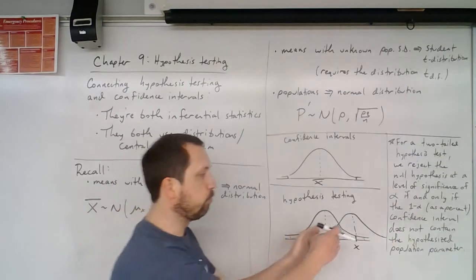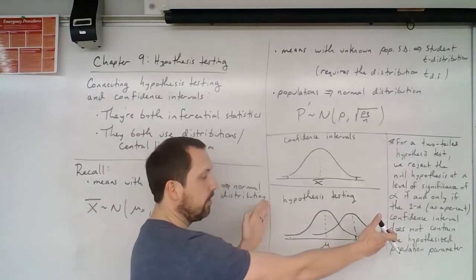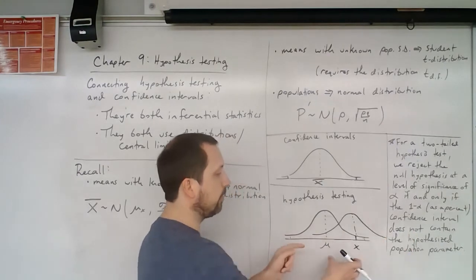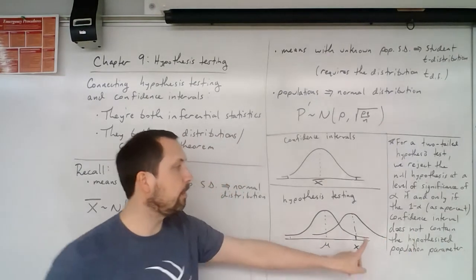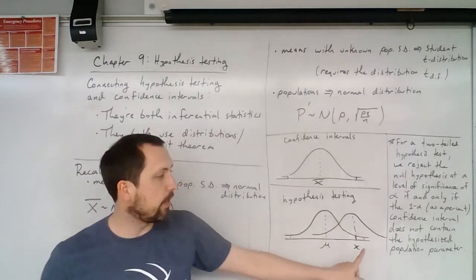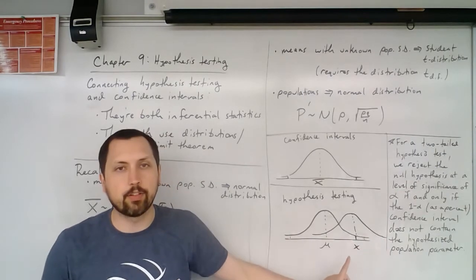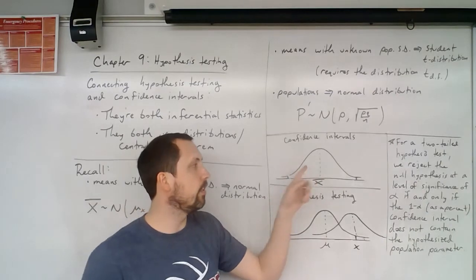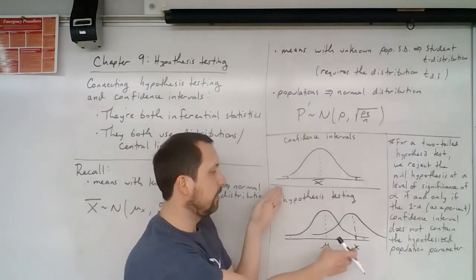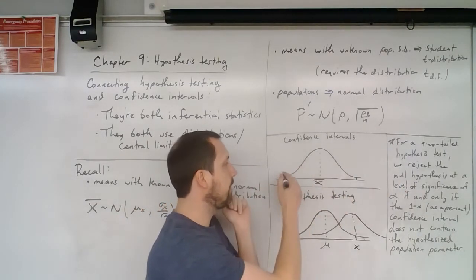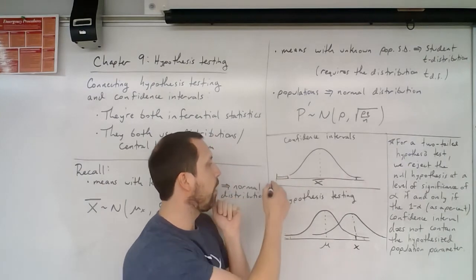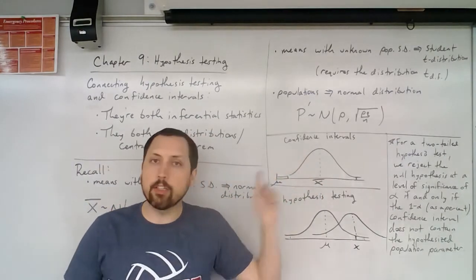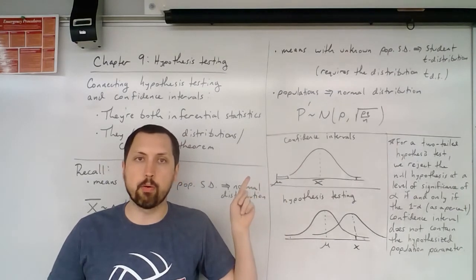But if this is really, really far away, so let's say this point is even further this way, then we're going to be rejecting the null hypothesis because this is going to have a very small p-value. By the same note up here, if the distance between these is really big, then our population mean is going to be way out over here, and we're going to say, wait, the population mean doesn't fall within our confidence interval anymore.